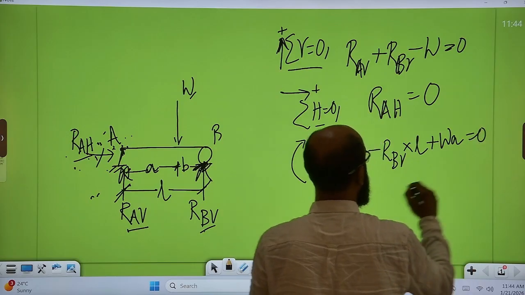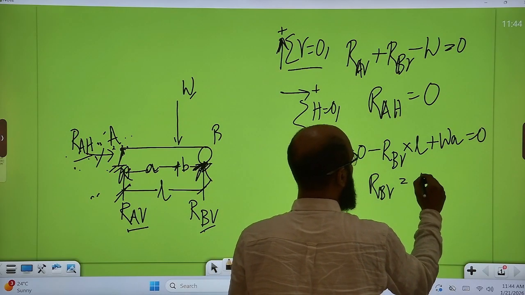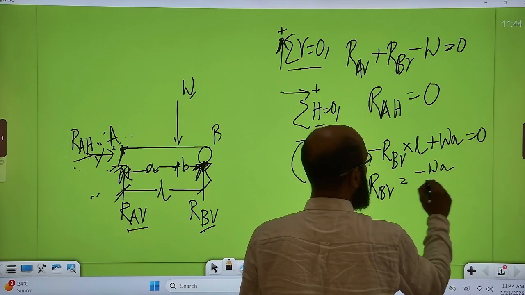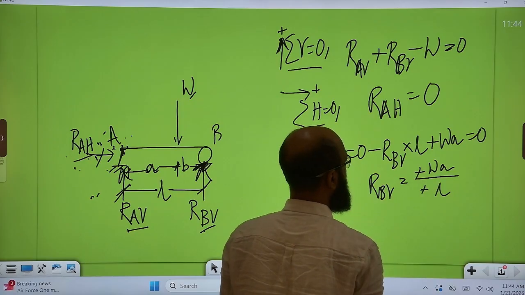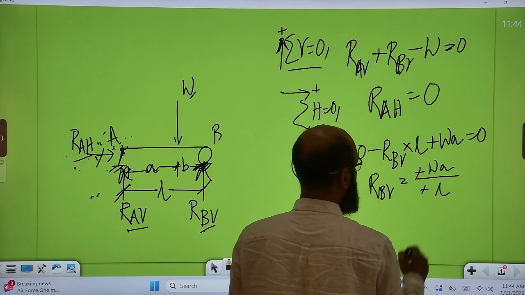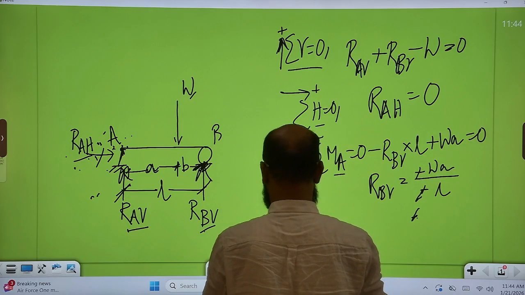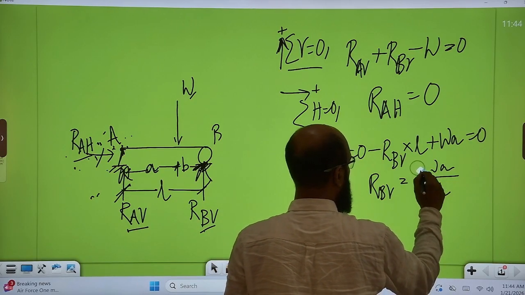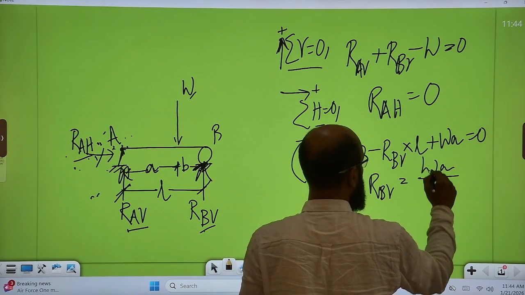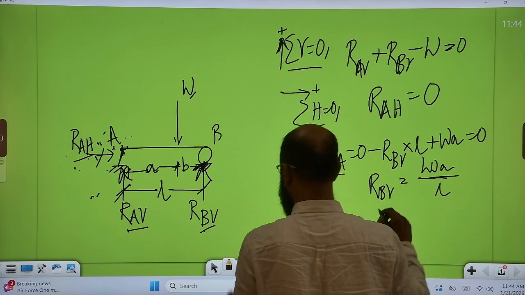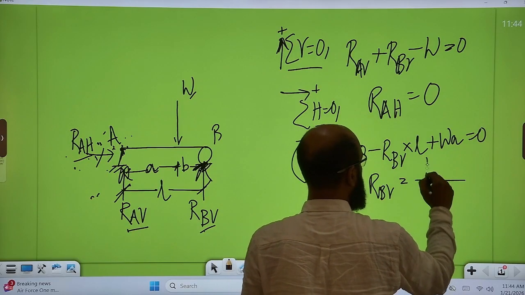So RBV equal to minus Wa by minus L. Ultimately minus minus will be cancelled, so RBV is Wa by L.